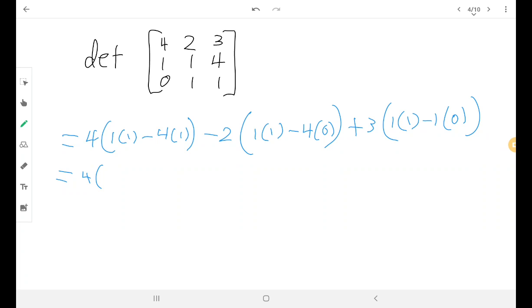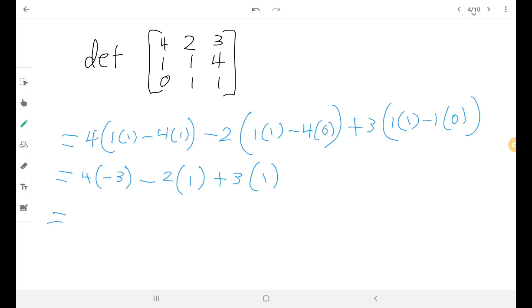That's 4 times 1 minus 4 is negative 3, minus 2 times 1 minus 0 is 1, plus 3 times 1 minus 0 is 1.